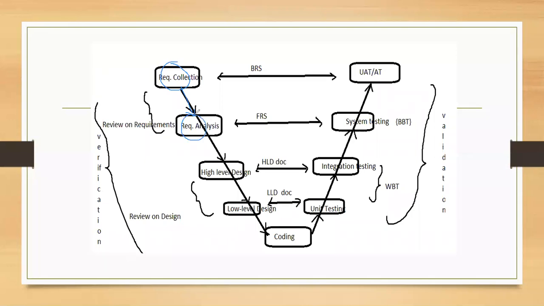Once the requirements analysis is completed, before going to design, they should go for a review of the requirement documents, in order to confirm whether all the business needs are covered in the requirements. Are the specified requirements in the FRS correct or not? Is it understandable or not? Is it reliable or not?